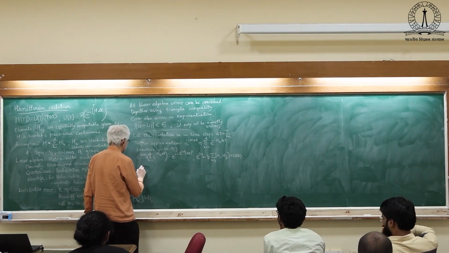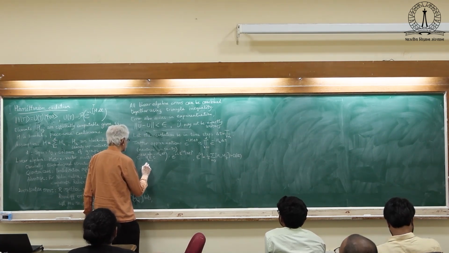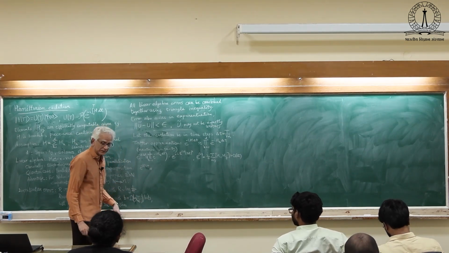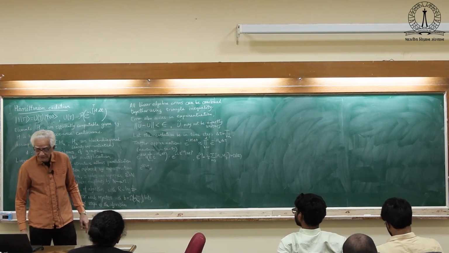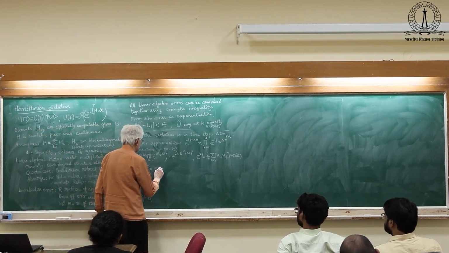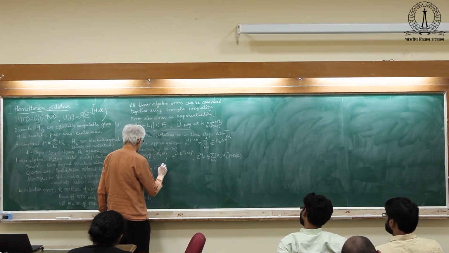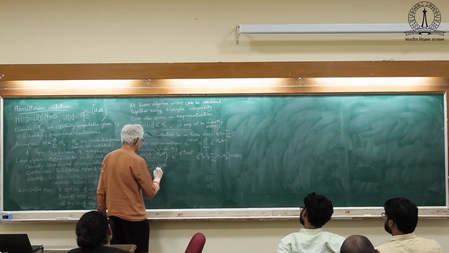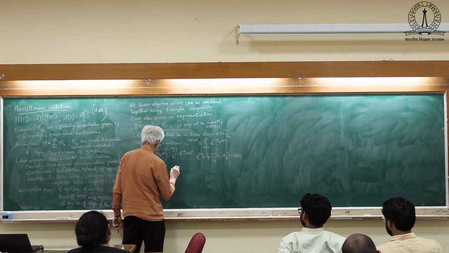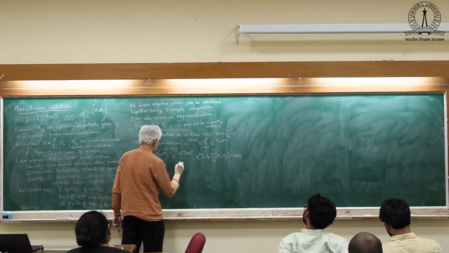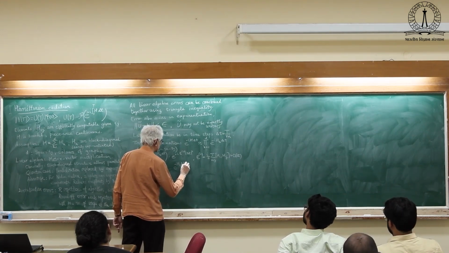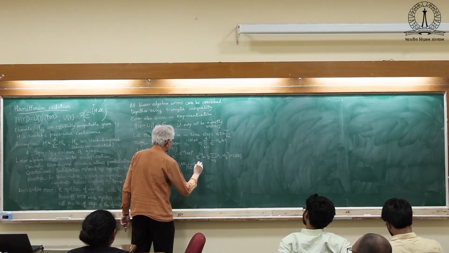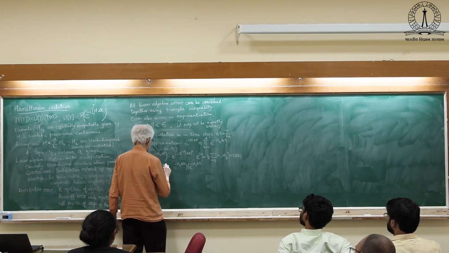So I can also write this thing in a little bit of a clever fashion, which is a reasonable exercise which one can carry out. I have to put half.